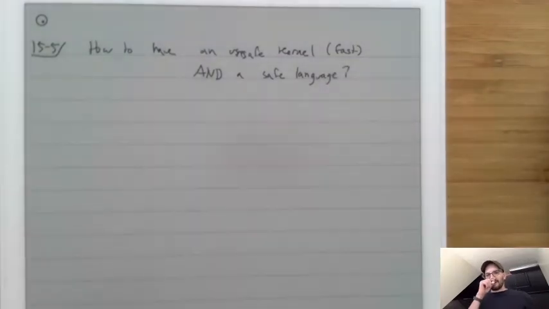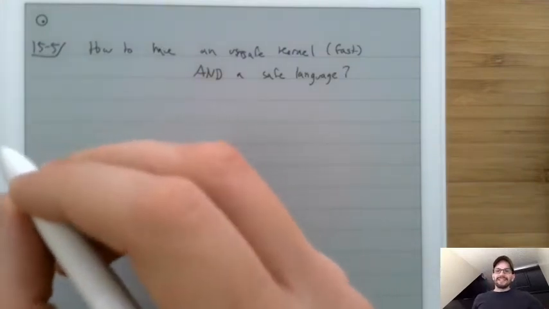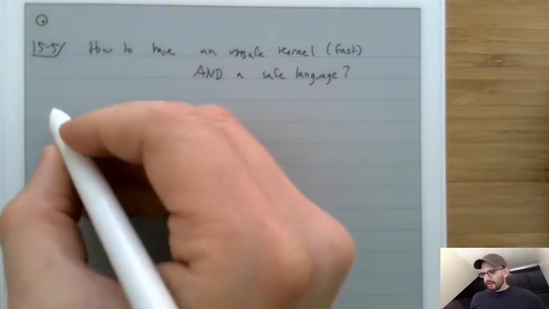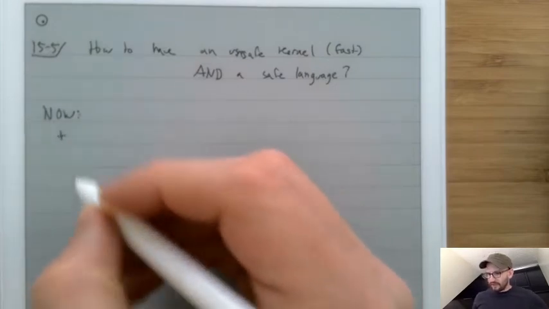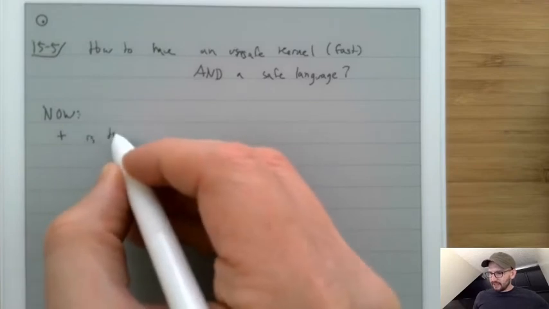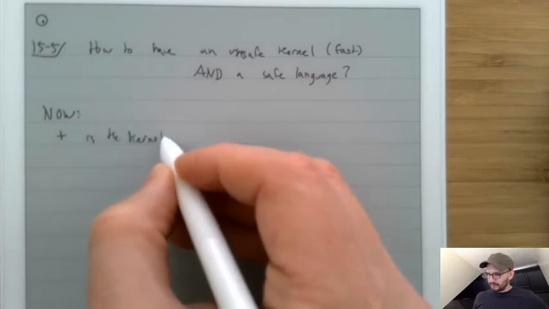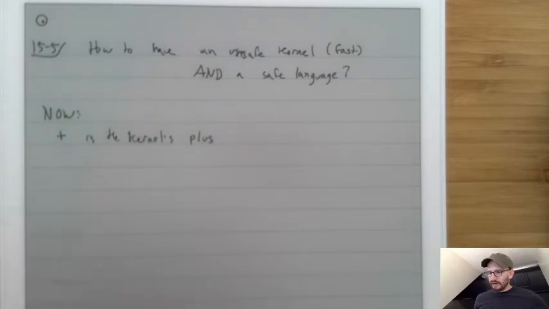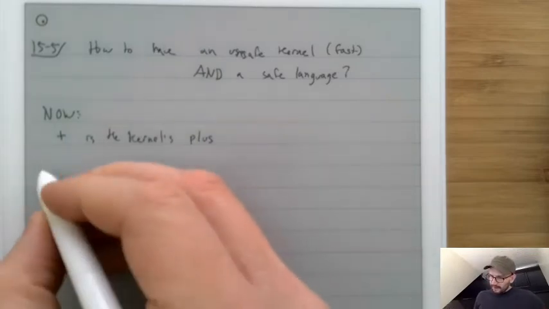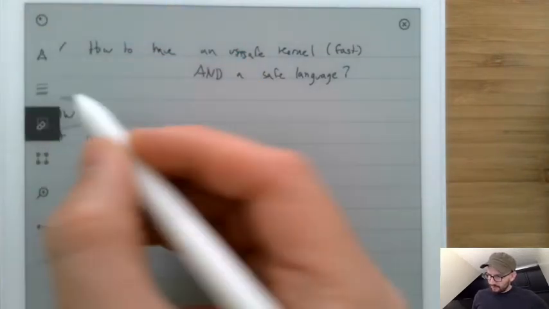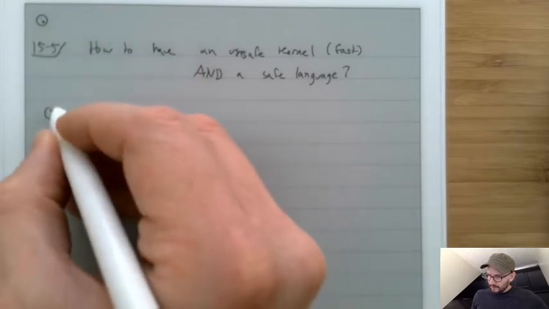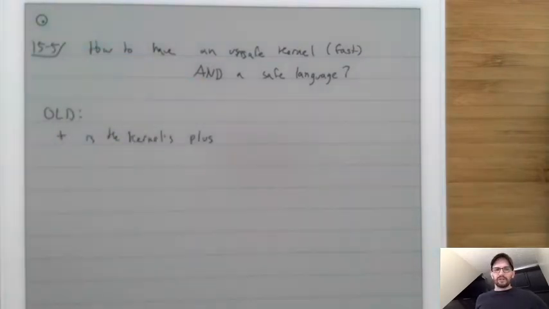The key idea is the following. Imagine that our addition function, right now in our code, there's a plus function, and so plus is the kernel's plus. So when you write a program that uses plus, you're talking about the kernel's plus. Let me change this from now to old. So in the old world, plus would be the kernel's plus.